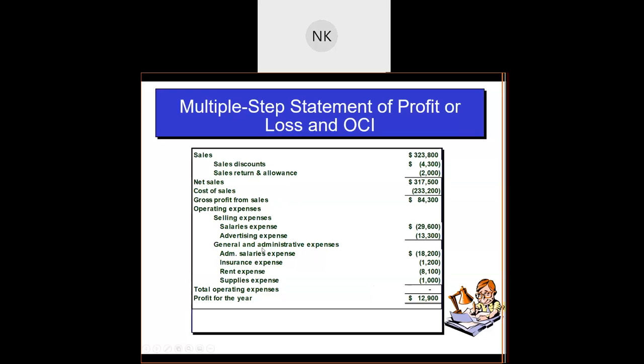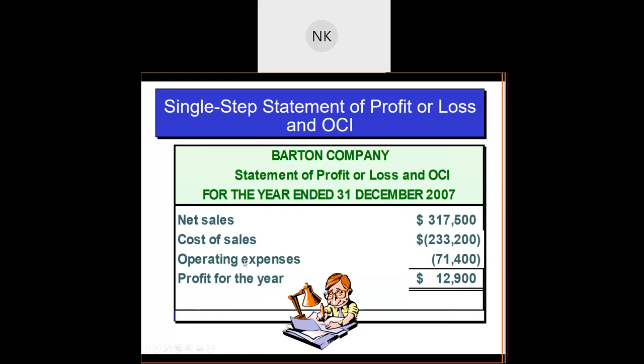However, general and administrative expenses are usually not so related to sales, for example insurance, rent, salary, supplies. So basically these are separated in multiple step. But if you are doing single step, you can put all the expenses together, no need to separate. So basically you can just put one line.